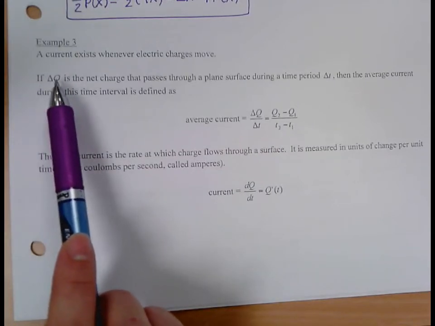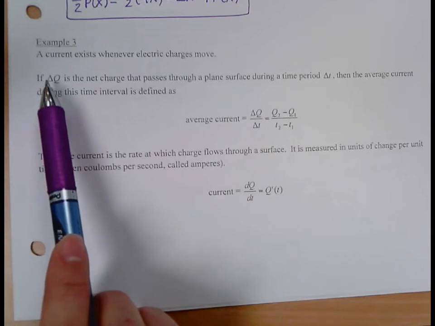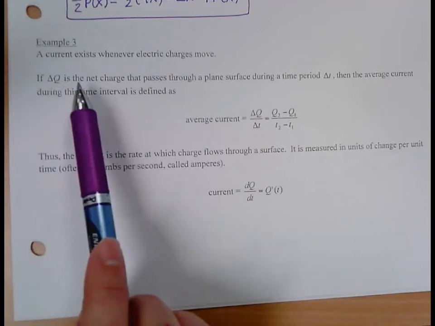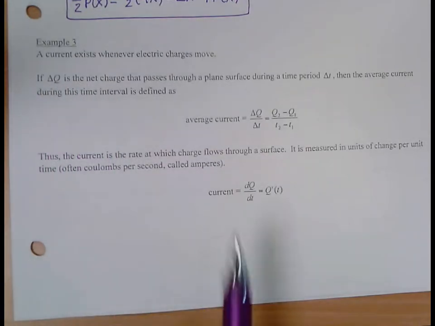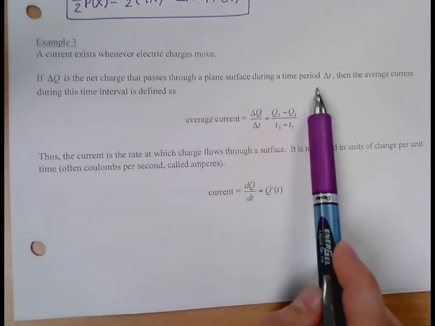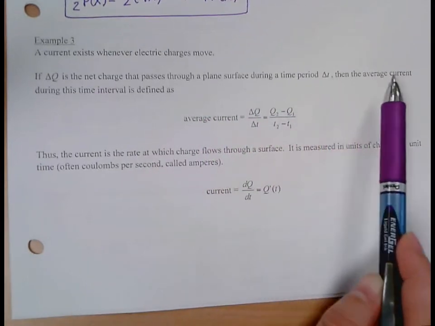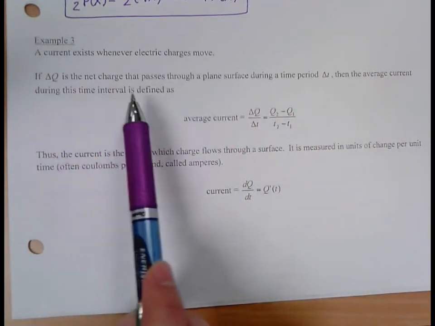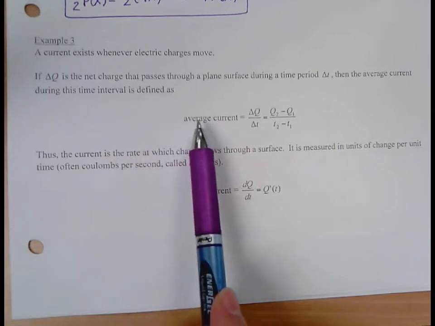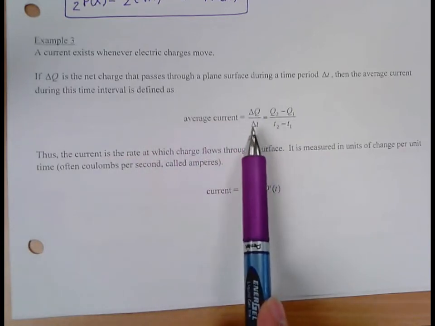And then it says if the change in Q is the net charge that passes through a plane surface during a time period change in T, the average current during this time interval is defined as change in the charge over the change in time.